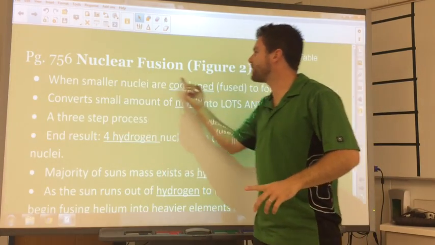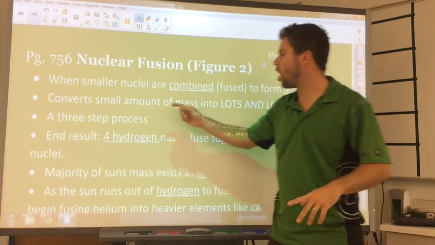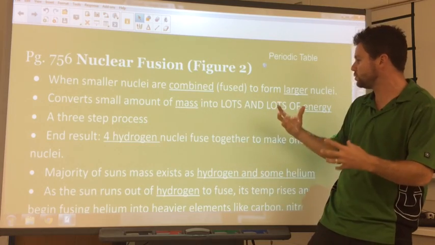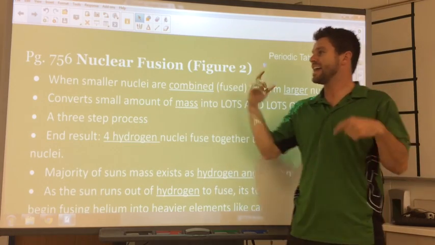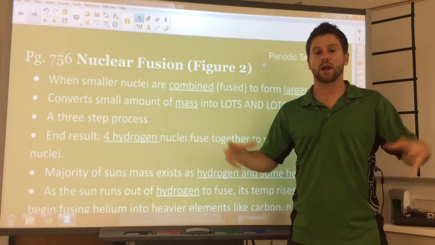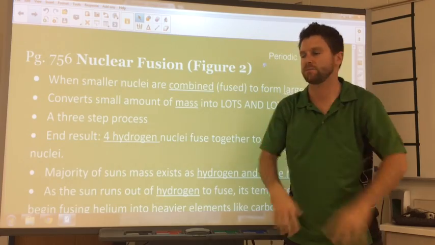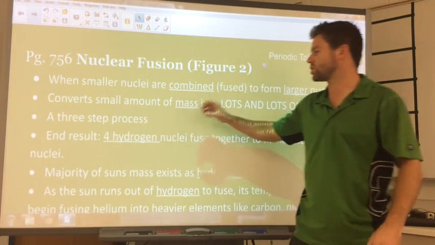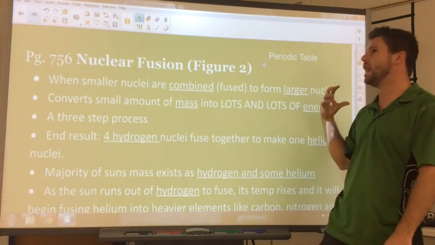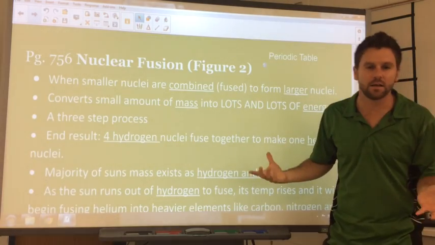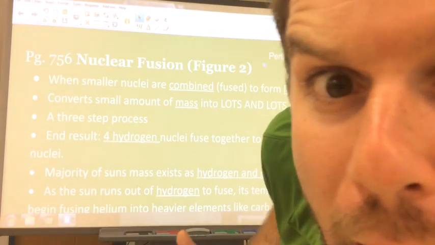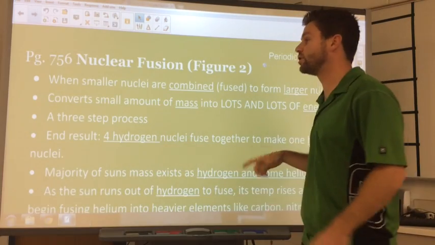Right? So now we've got this nuclear fusion. When small nuclei are combined, fused to form a larger nuclei, that's what nuclear fusion is. We're fusing two atoms together. This converts a small amount of mass into a lot of energy.